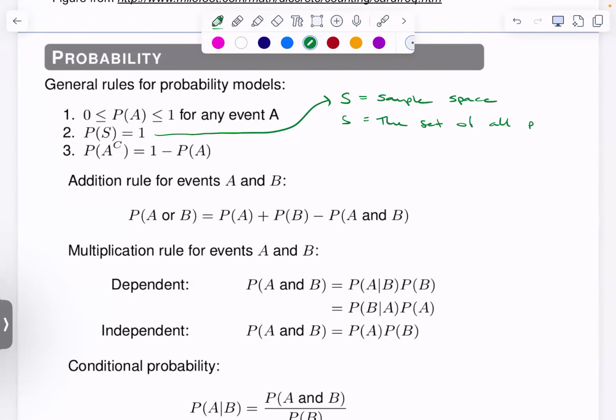If I flip a coin, my possible outcomes are heads or tails. One of those has to happen, and that's why the probability of the sample space is 1.